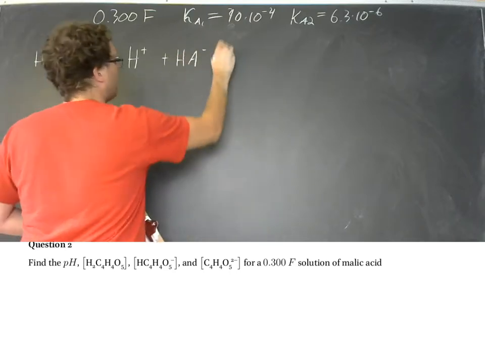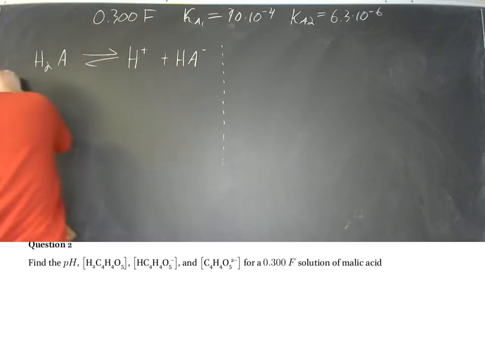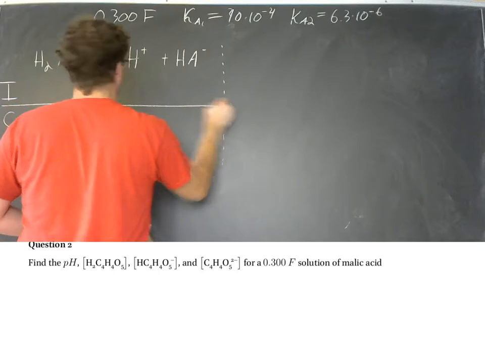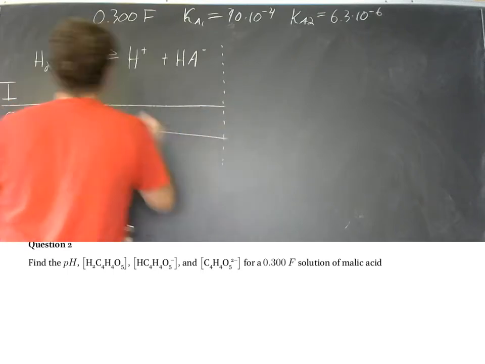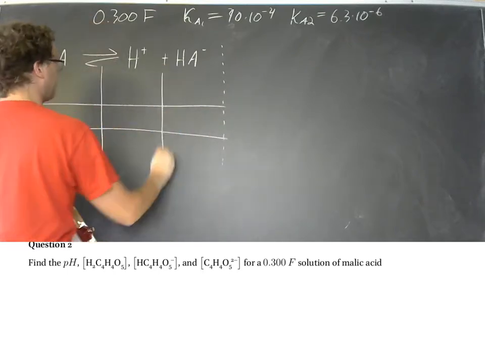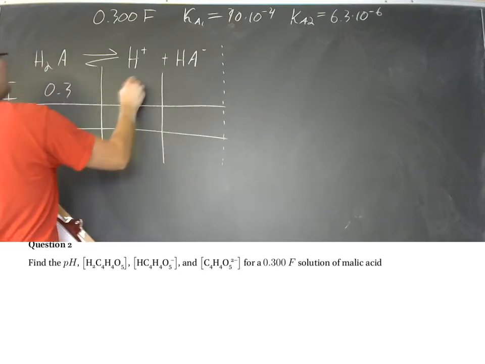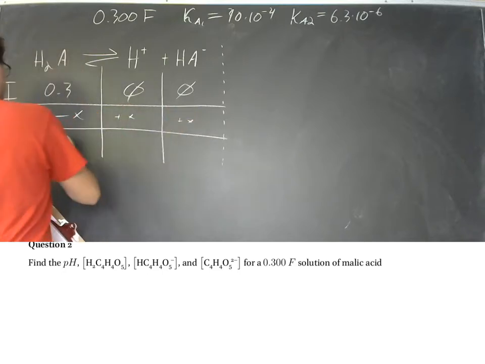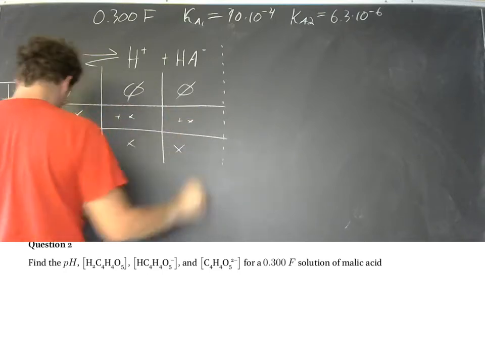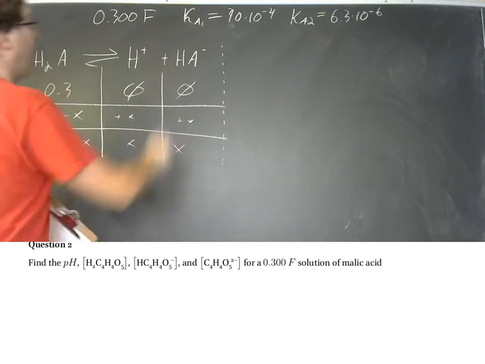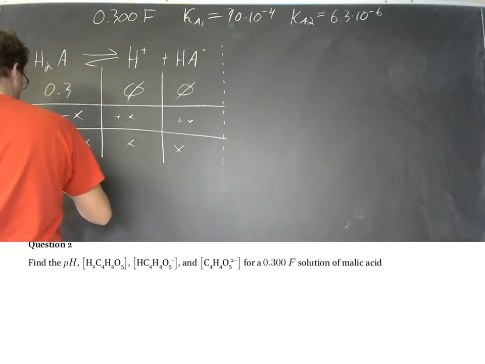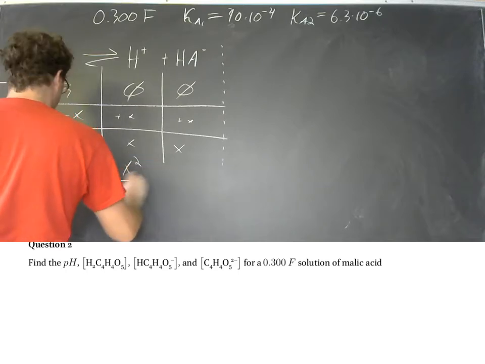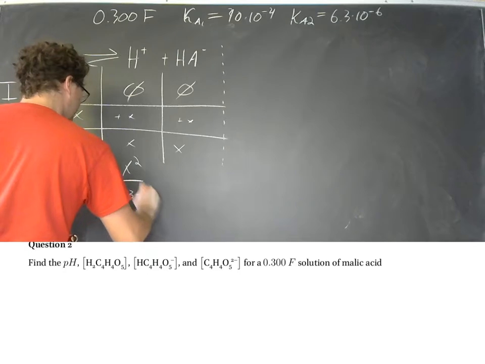So that is our first ICE table. Let's just solve that one right now. We start with 0.3 and 0 and 0, minus x, plus x, plus x, 0.3 minus x, x, and x. And Ka is 4.0 times 10 to the negative fourth, and that is equal to x squared over 0.3 minus x.